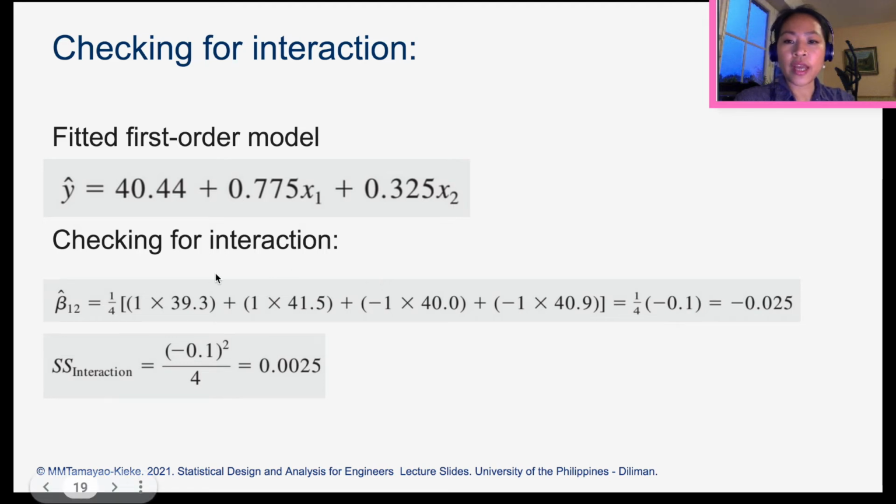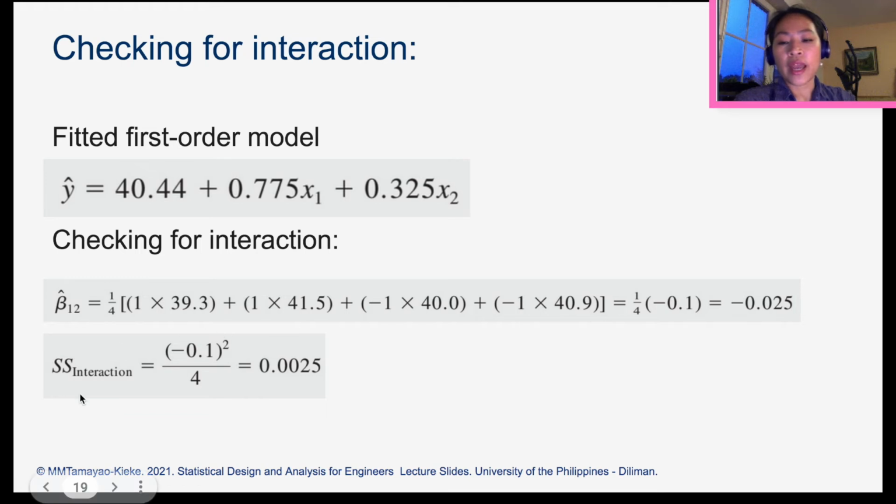Now checking for the interaction, we investigate beta hat 1,2, and we obtain this, remember, by getting one half of the effect estimate for interaction between temperature and time, and that is equal to -0.025.